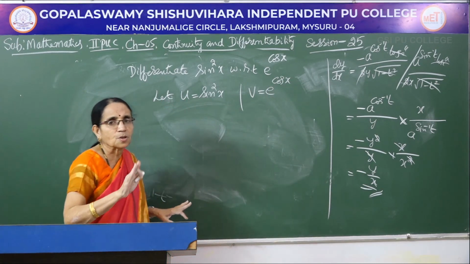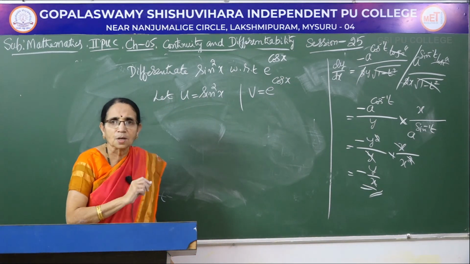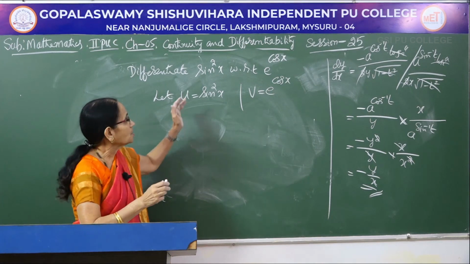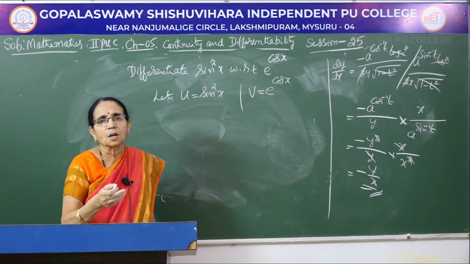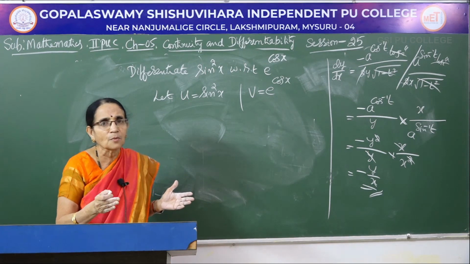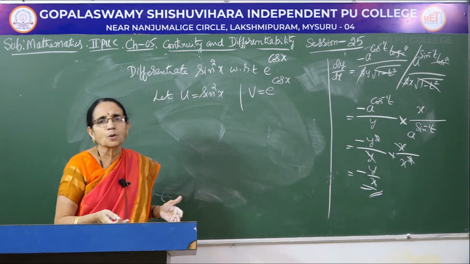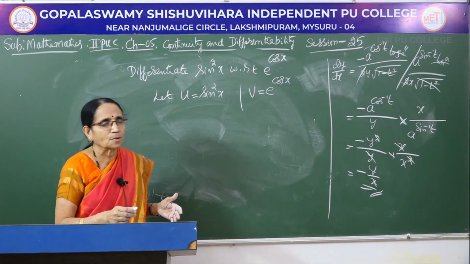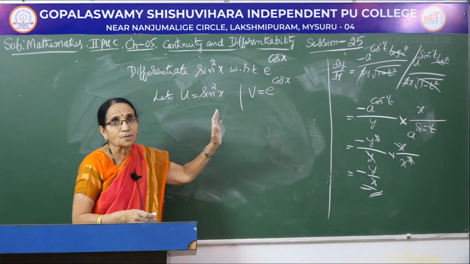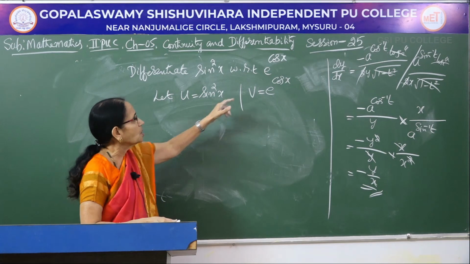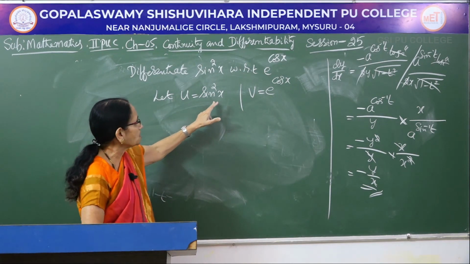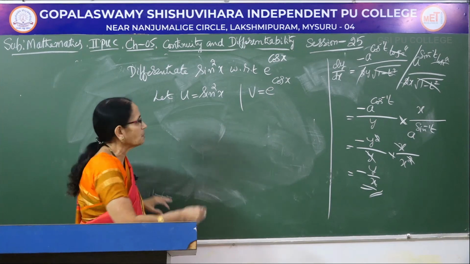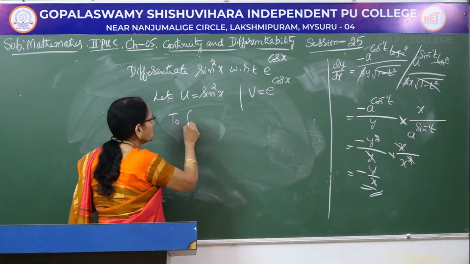This one step extra you have to write when it is given in the form of a statement. That is, if x and y are directly given as some functions of t or theta, directly you differentiate and get the value dy by dx. If it is given as a sentence here, take the first one as u, the second one as v. Now, let u be equal to sin square x and v be equal to e power cos x. What has to be calculated?